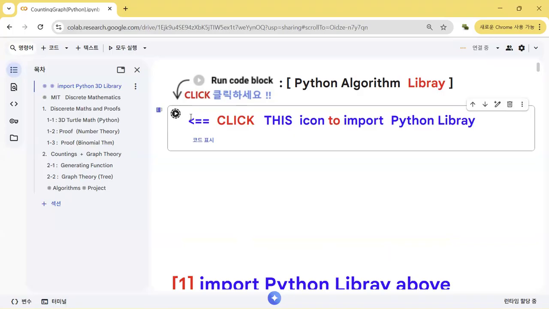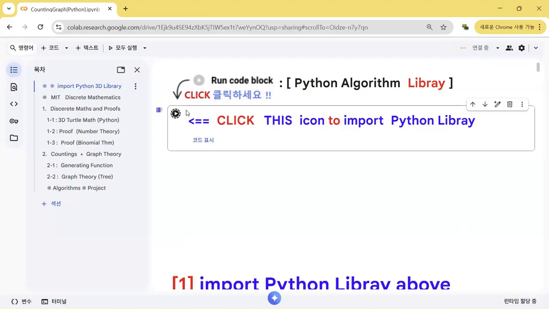Depending on the computer and internet speed, this is running. When it is executed, there comes a response. Behind this icon, the Python code is hidden inside the learning material. That Python code is now executed, and so it takes time.